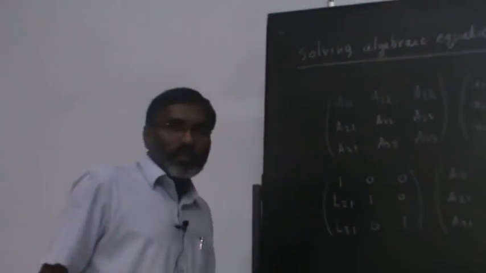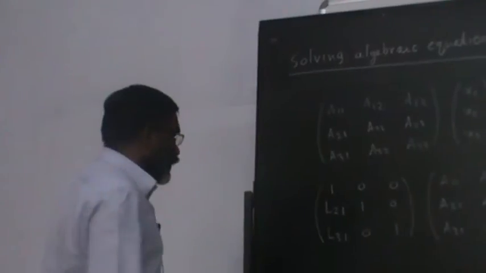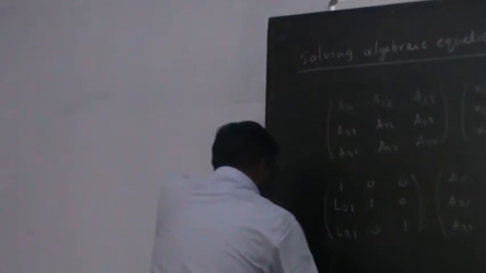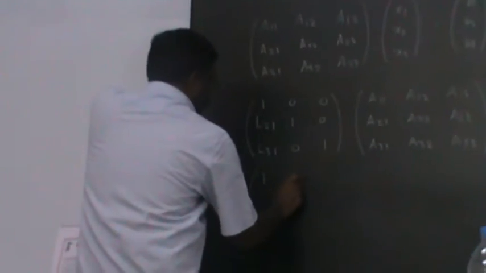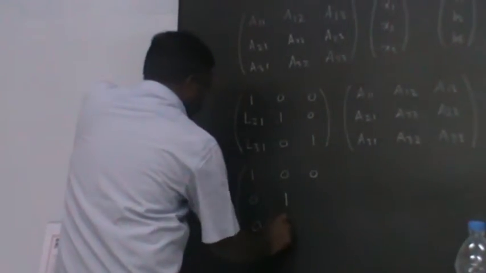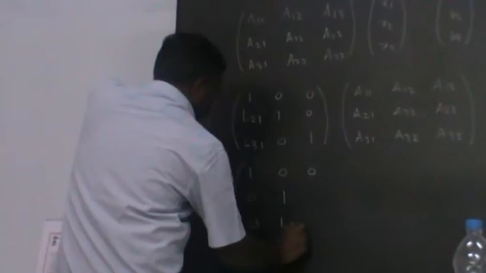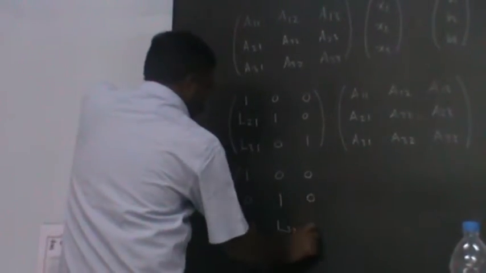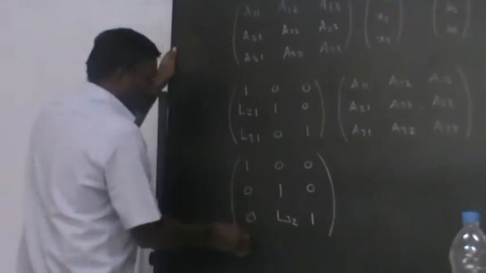Now I am going to choose another lower triangular matrix and multiply with this. That lower triangular matrix is going to be something like this: 1, 0, 0, 0, 1, 0, and I will call this L3,2, 0, 1. Here I am taking the other entries to be 0.